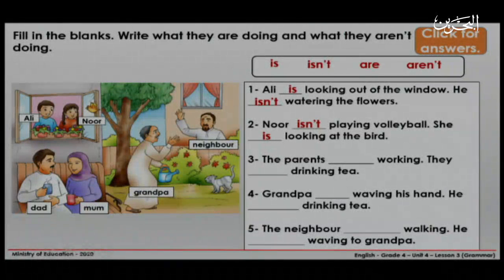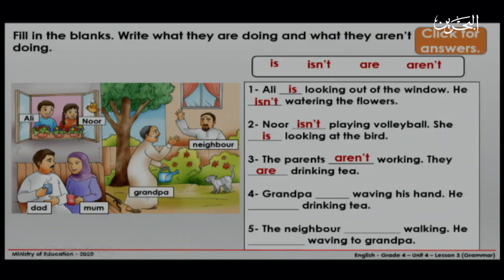Let's see number 3. The parents working. So here we have mom and dad. Are they working? No. So the parents aren't working. They drinking tea. Are they drinking tea?